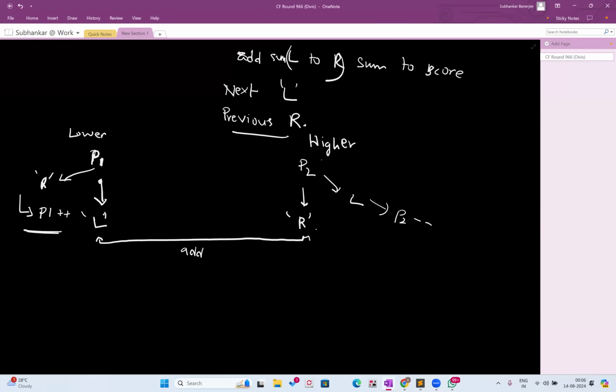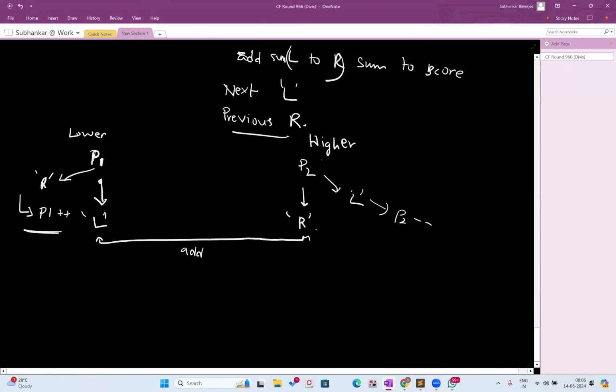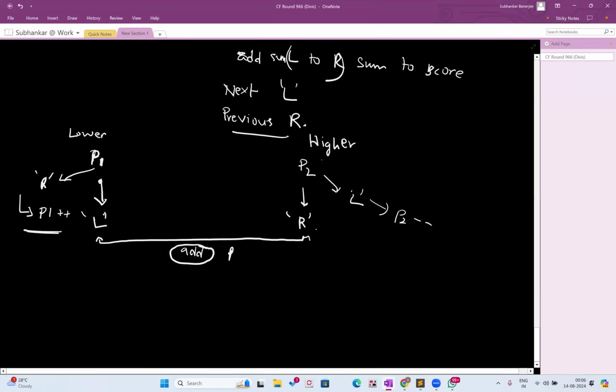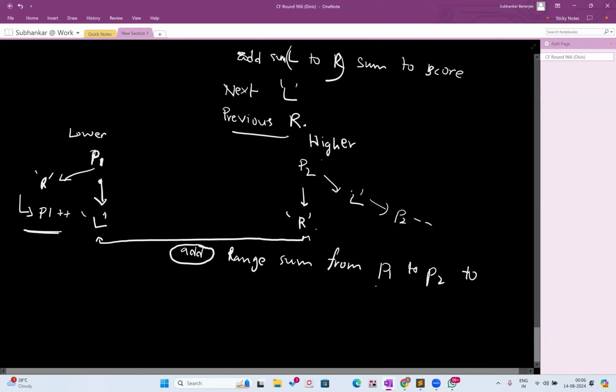So we'll then only increment the lower pointer, and exactly the reverse for the higher pointer. And if they are L and R, then we'll just add the range sum from L to R, the range sum from P1 to P2, to our score.